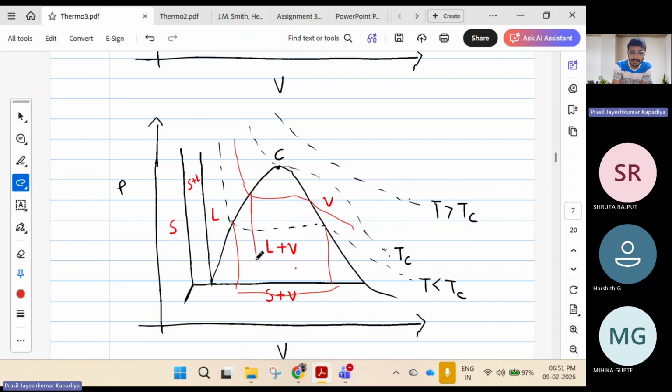When I increase the temperature, the gap is less. As I go nearer and nearer to the critical point, this gap is going to be less and less, and at the critical point it will be only one point where we can't say whether it is liquid or vapor, and at that point the molar volume of liquid is equal to the molar volume of vapor. So this is called the critical point, and above the critical point it is just one supercritical state.